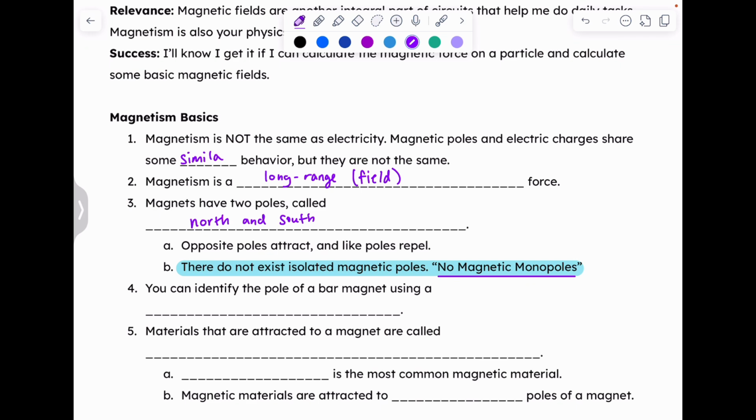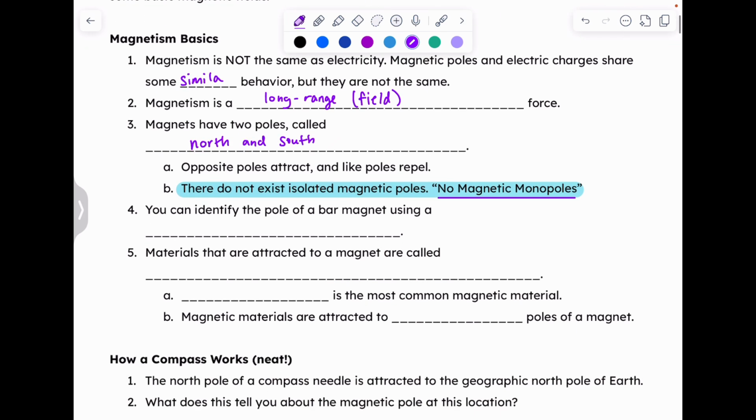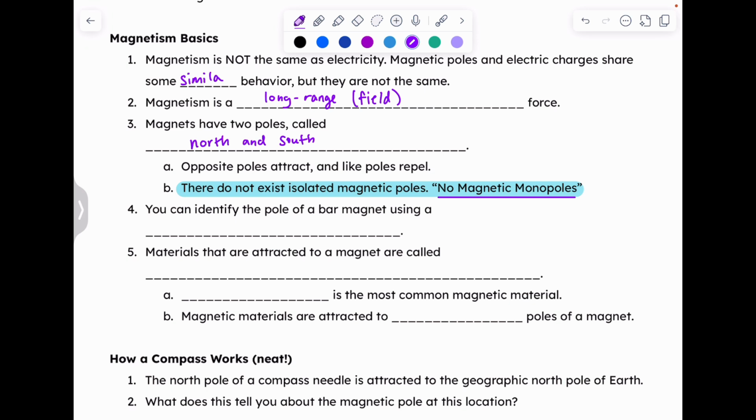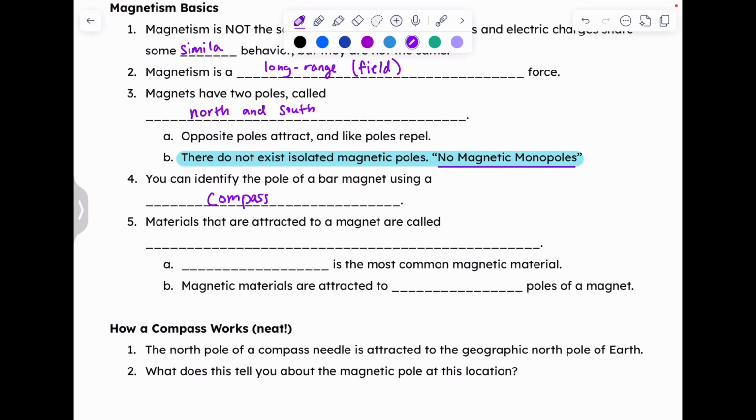If you just have a random bar magnet laying around, you can identify its poles using a compass. We call materials attracted to magnets magnetic materials. The most common magnetic material is iron.